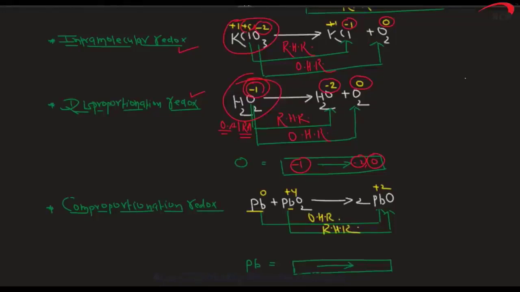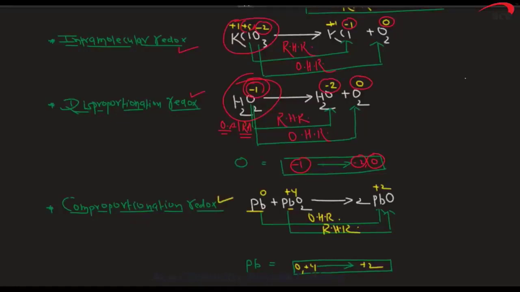So in this case, Pb, the same element, is having three different oxidation states, but on the left hand side you will find two different oxidation states, and on the right hand side you will find one oxidation state. It is just the reverse of the above reaction, which was disproportionation. So this reaction will be referred to as a comproportionation reaction.